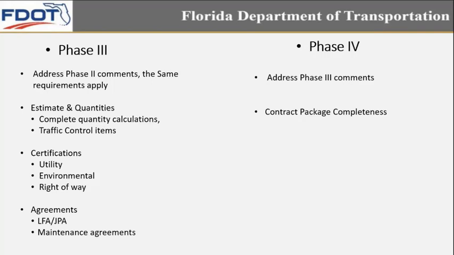You're looking to see not just your design and plans, but now certifications, those constraints we talked about, identifying them in phase 1, addressing them in phase 2. In phase 3, you're verifying they're completed. And likewise for agreements, LFAs, JPAs, maintenance agreements: they were identified in phase 1, addressed in phase 2, and now you're checking, are they complete in phase 3?